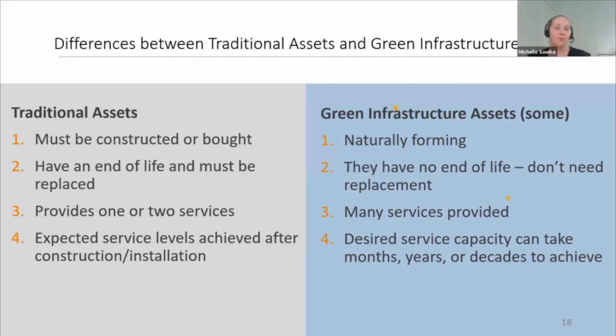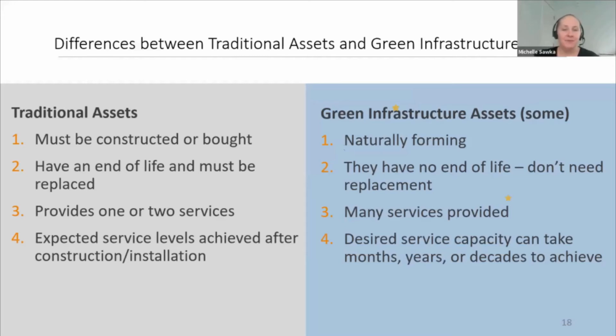They're never purchased. They were there when the municipality was started, right? So next, the vast majority of traditional assets have a clear end of life and will require full replacement. So some green infrastructure assets, again, the forests, the more natural assets, have no definitive end of life and therefore don't necessarily ever need to be fully replaced.